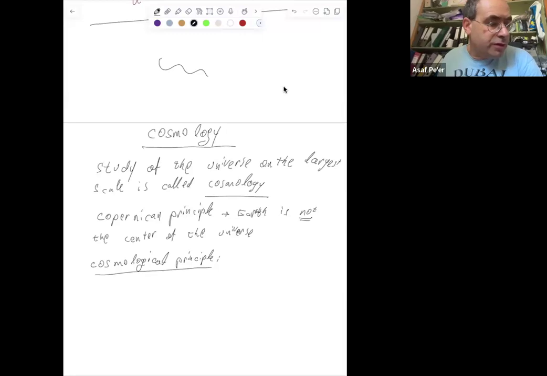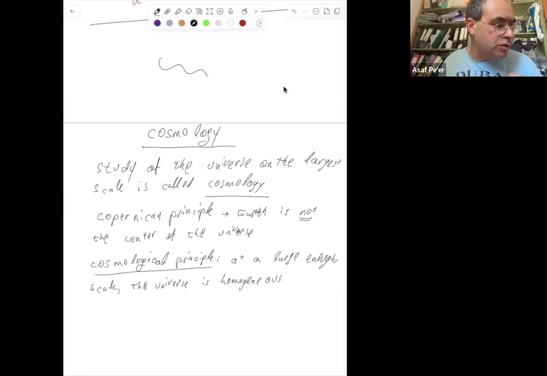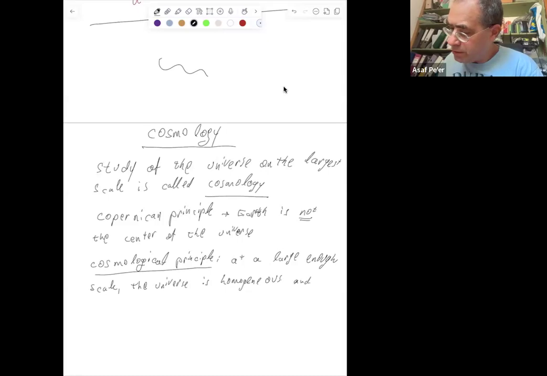It states that at a large enough scale, the universe is homogeneous, without an s, and isotropic.